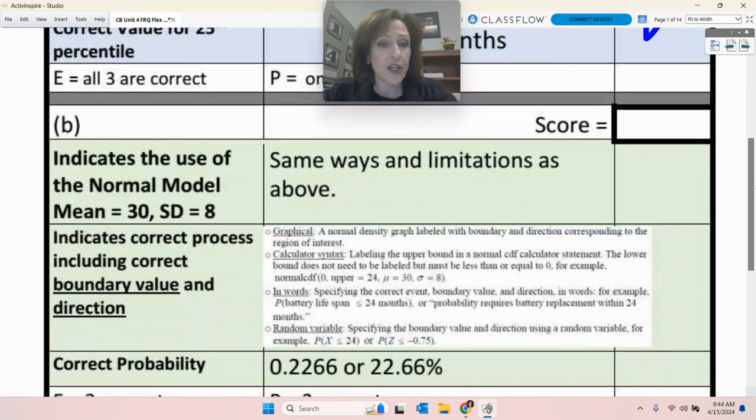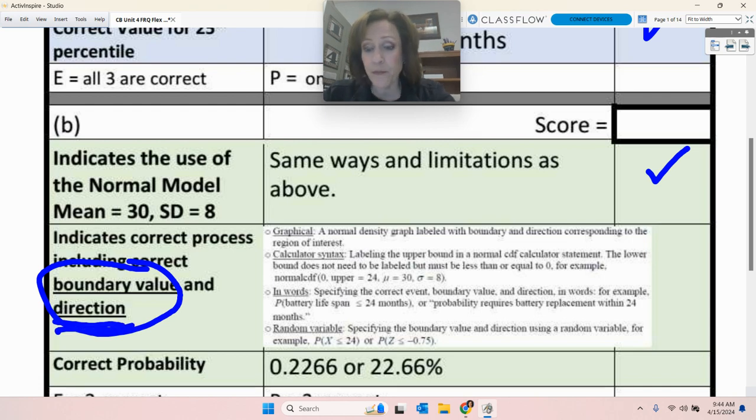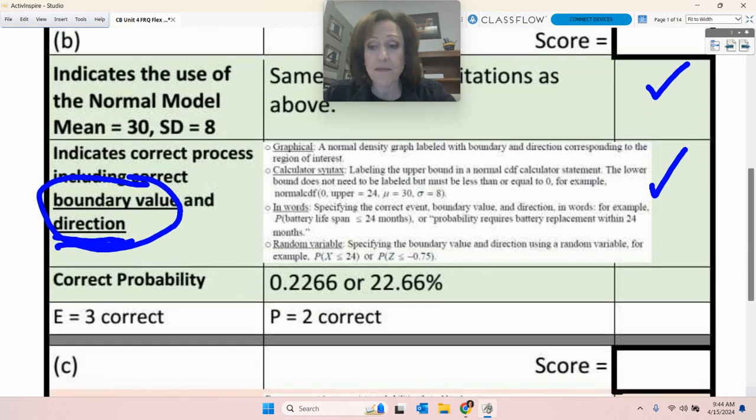So we showed the normal model, indicated that boundary of 24 and the direction, then did the correct math and got the correct percentage. The probability was 0.2266 or 22.66%. I expect that's the percent of people that will have to take advantage of that $50 insurance.